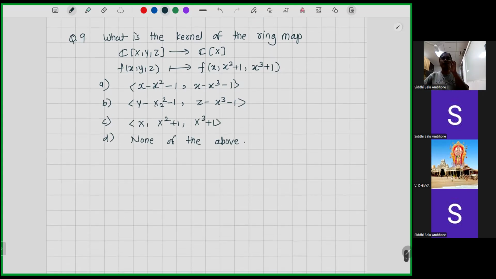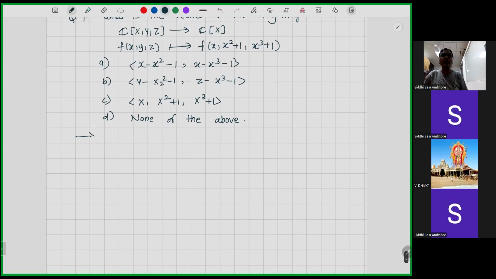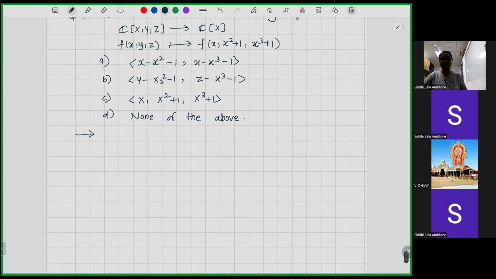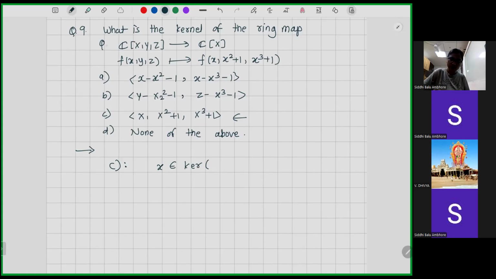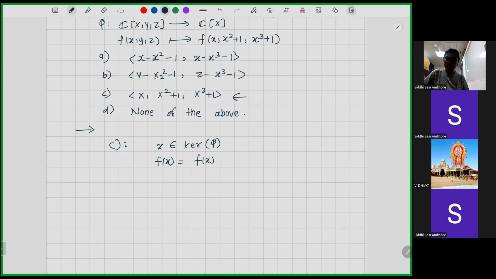So we want to find the kernel of this map. So again, we have these 3 possibilities, so we see which one suits the best. Definitely, this one doesn't give any hope to be the kernel, because in option C, they are saying that x belongs to the kernel of, let us call this map phi, kernel of phi, but that's not the case, because phi of x is x, right?